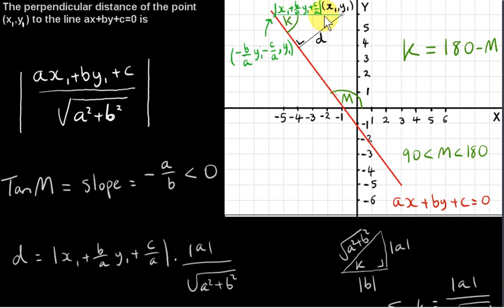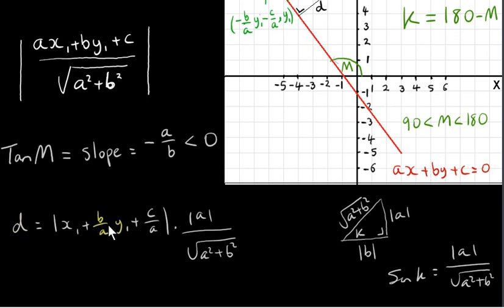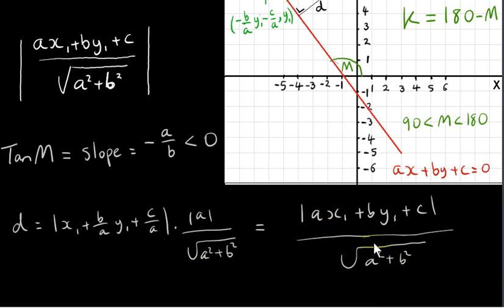But anyway, we get the magnitude of it, so we don't have any problems there. And what we do then is we use the fact that sine of K is opposite D over this quantity, opposite over hypotenuse. So just multiplying, then we get D equals the horizontal distance times the sine of K, just like before. So we get our result.